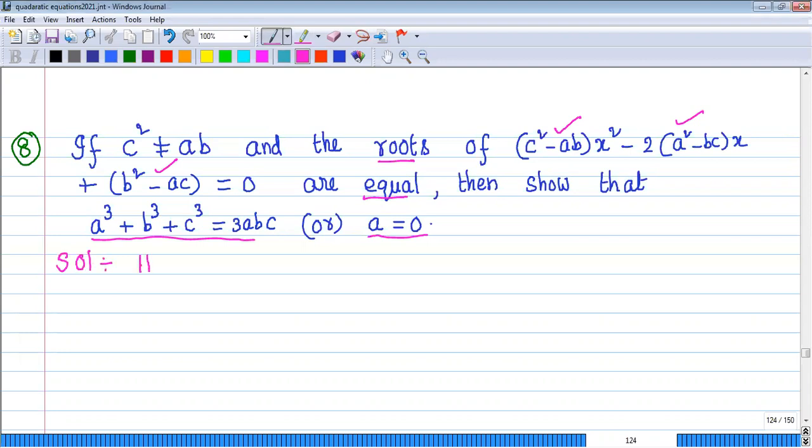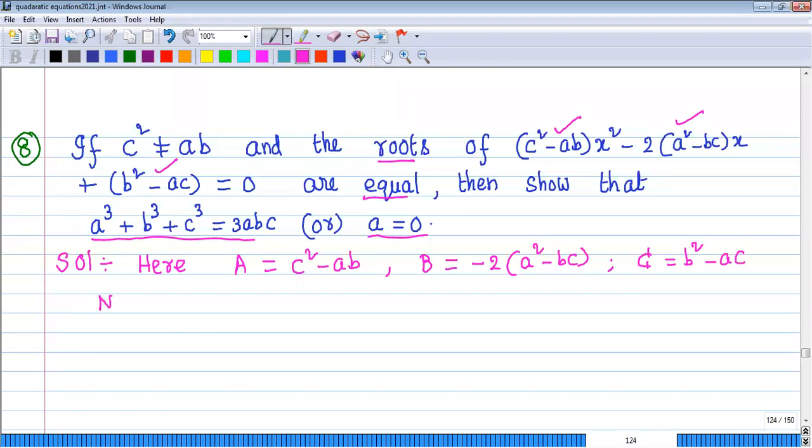Here write down: the coefficient of x square is say capital A, c square minus ab. Capital B is the coefficient of x, minus 2 times (a square minus bc). The constant term is say capital C, b square minus ac.